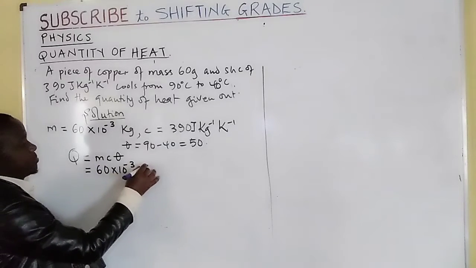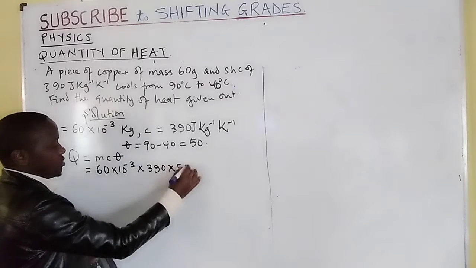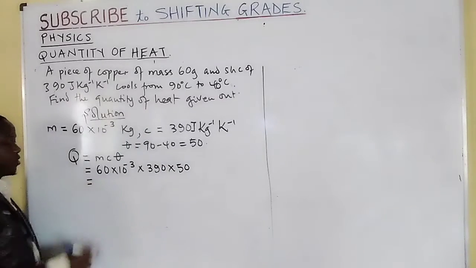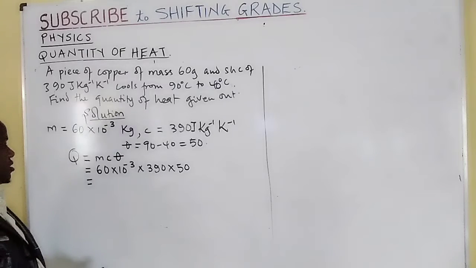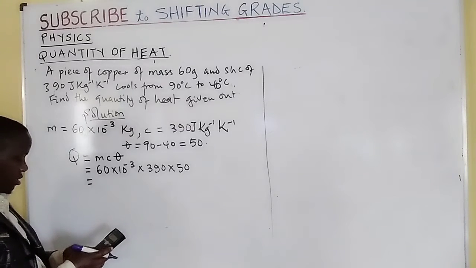Mass times specific heat capacity times change in temperature. This will give us the quantity of heat. So we will have 60 divided by 1,000.